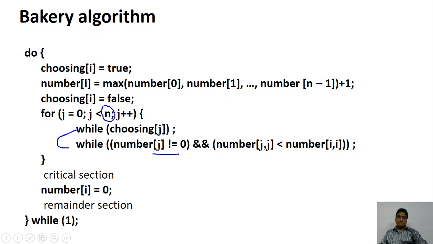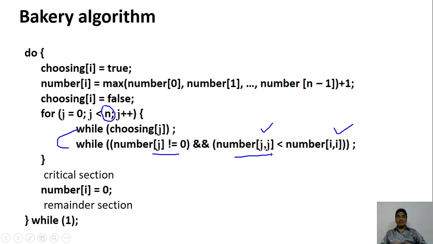Whether the number is 0. So what is the meaning of saying whether the process ID is 0? Okay, and whether your number is less than the other's number. So two things you must do. Who will enter? If your number is 0, what is the meaning of saying your number is 0?